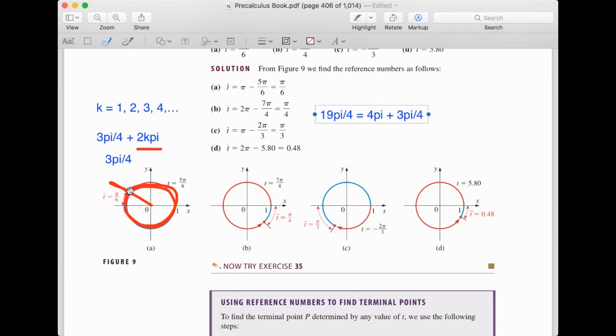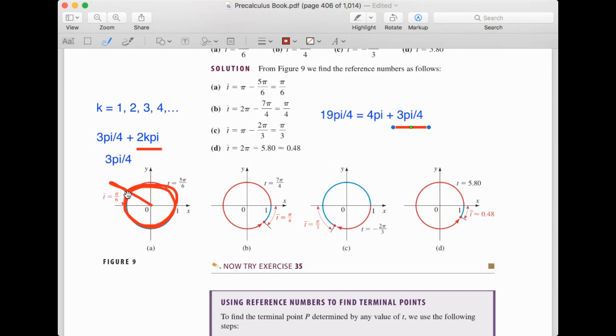So instead of talking about 19 pi over 4, I'm going to talk about 3 pi over 4 because that's exactly the same point. So I simplify 19 pi over 4 to be 3 pi over 4 because it's the same point. Does that make sense?